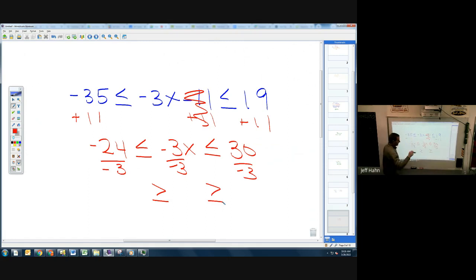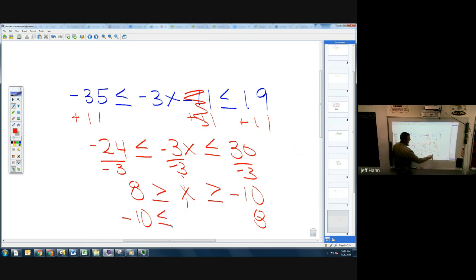Now, before you get all bent out of shape, this is 8, this is x, this is negative 10. This is all written kind of backwards, but if you think about it revolving around the x, the negative 10 should go over here, the 8 should go over here, and these signs would actually point the opposite direction because it did rotate around. X has to be greater than or equal to negative 10 and less than or equal to 8.